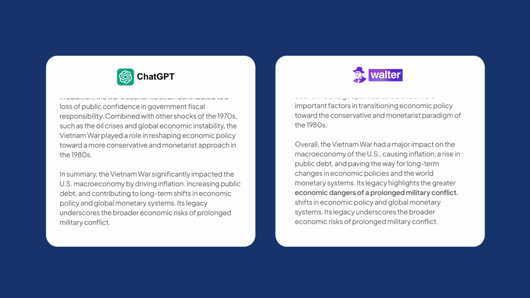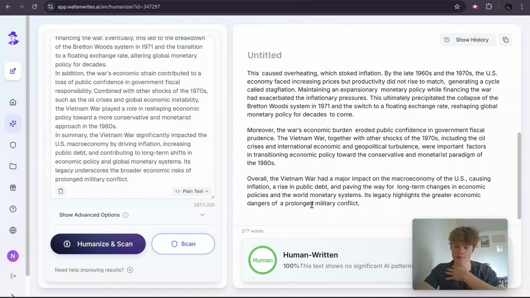Risks is more of a future-based thing, and dangers would be more of a now we have to worry about this. So this rising inflation, rising public debt, and long-term changes to policy are the more present dangers, when the risks in the future are more the consequences of that. So I like the word choice here, and I like the idea of the legacy highlights rather than the legacy underscores. That's a nicer word choice there as well.